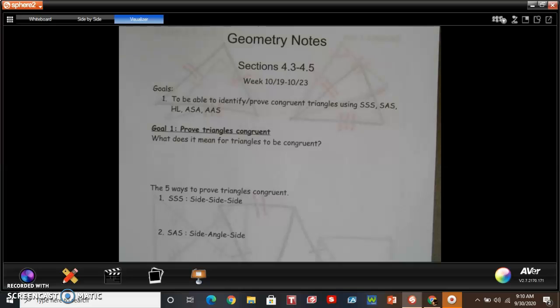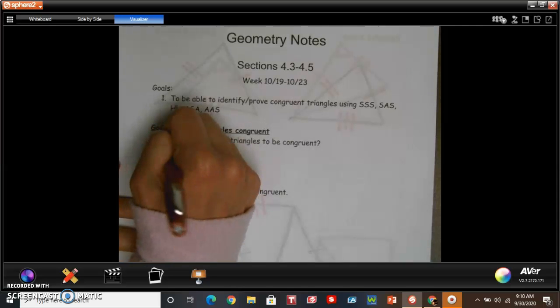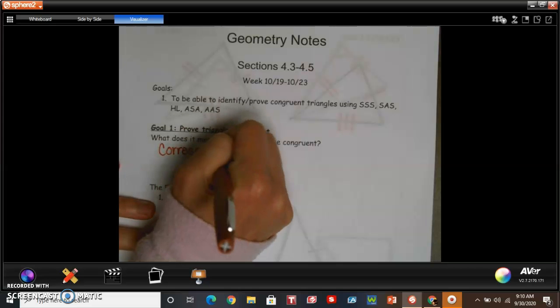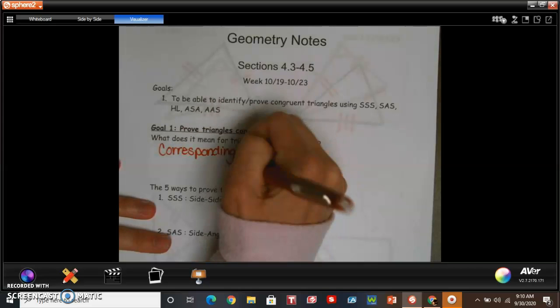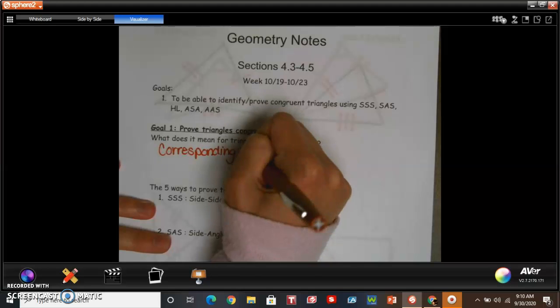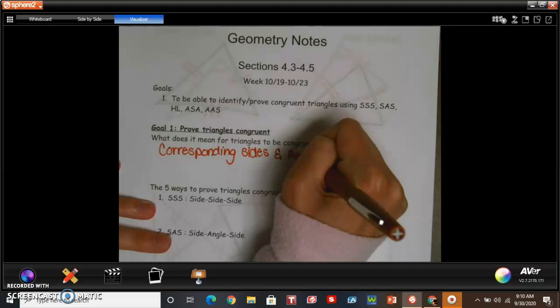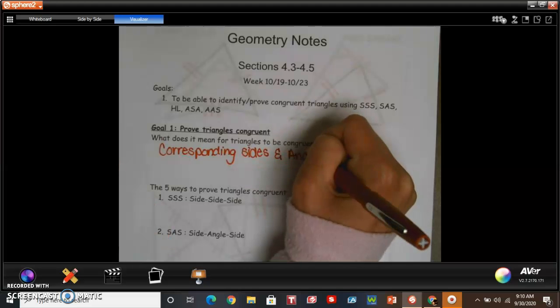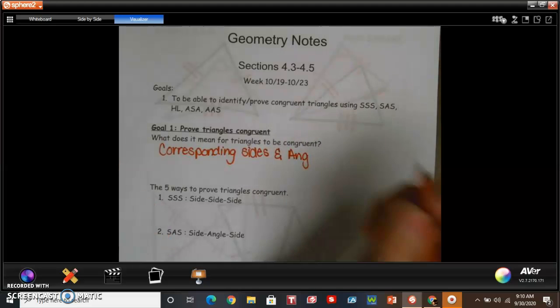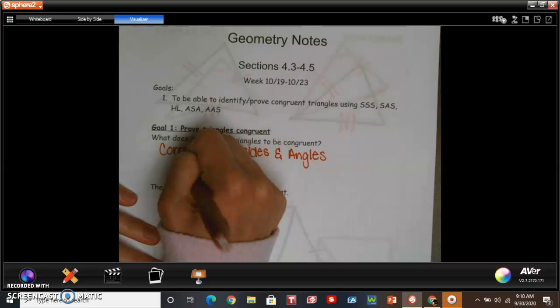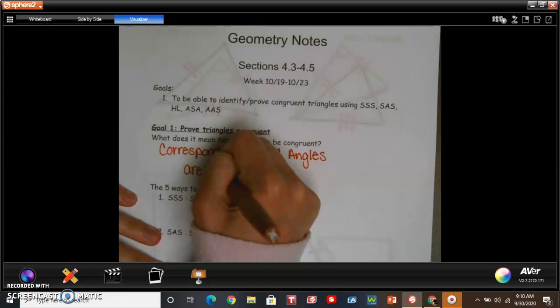So what does it mean for triangles to be congruent? This means corresponding. Remember, corresponding means same spot, okay? So corresponding sides and angles are congruent.